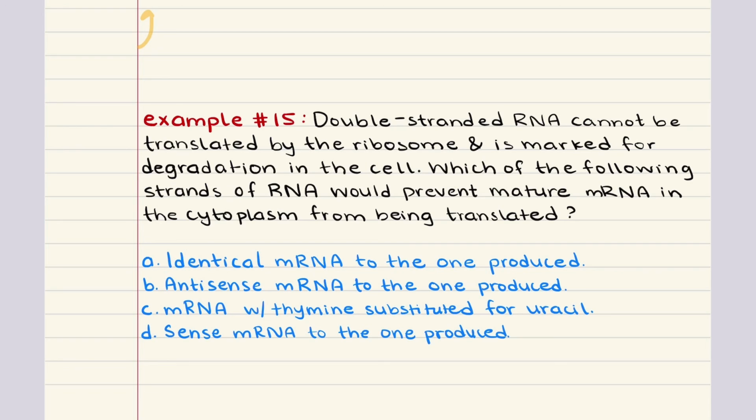That's the RNA strand that is complementary to the messenger RNA sequence. If an antisense RNA is present, it can hybridize with the mature messenger RNA and form a double-stranded RNA molecule. This blocks the ribosome from translating it, and it signals the cell to degrade it. So the correct answer here is going to be choice B.